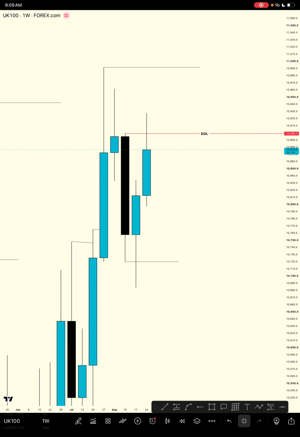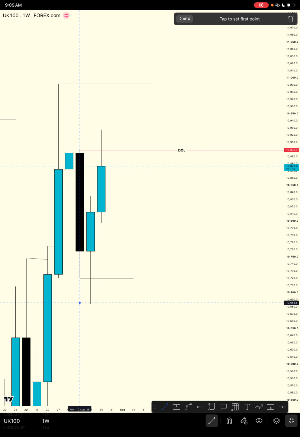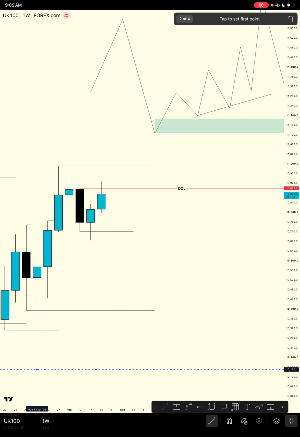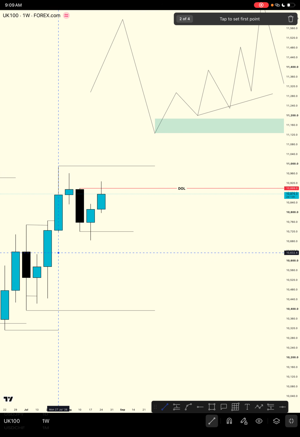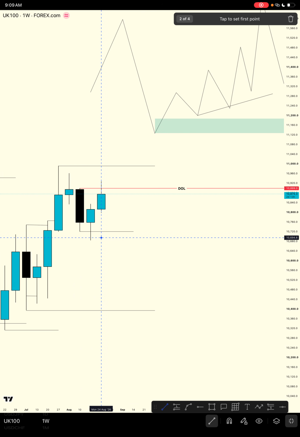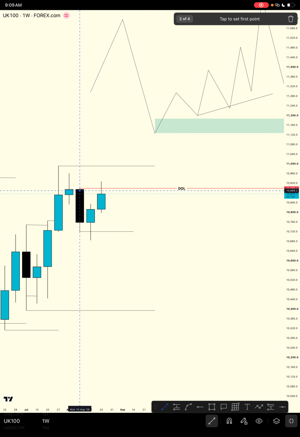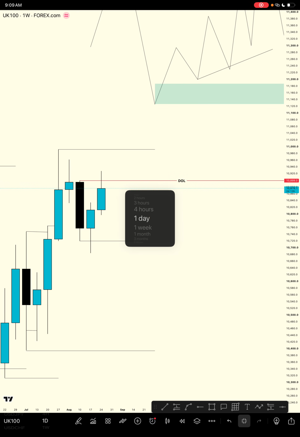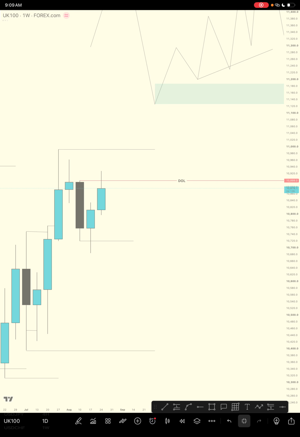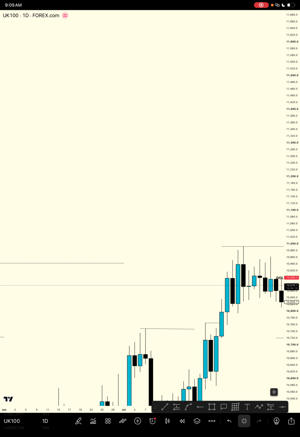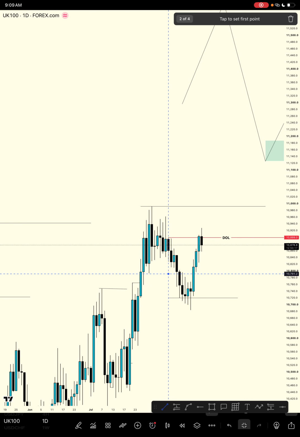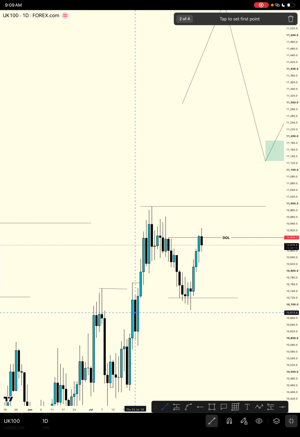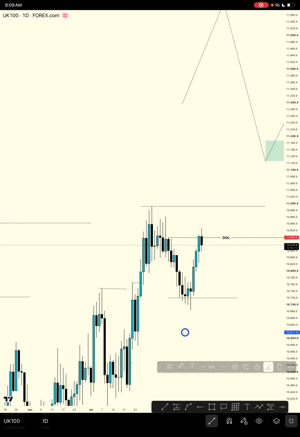My focus is no longer on what market did all the way back here. I'm now focused on what market did in between this low and this high. That's the range. But before then, I want to see where markets picked a buy, the point of interest that the market used as a buy.